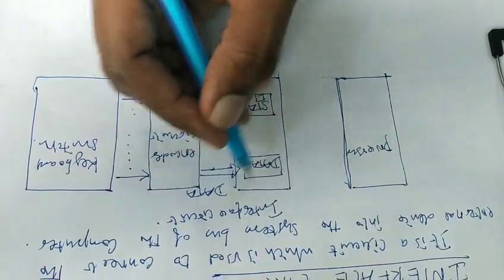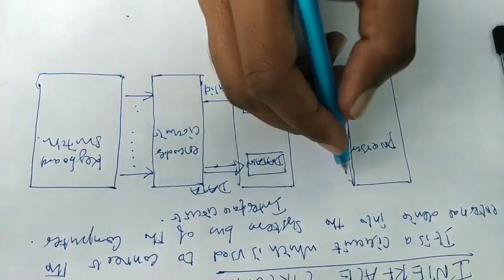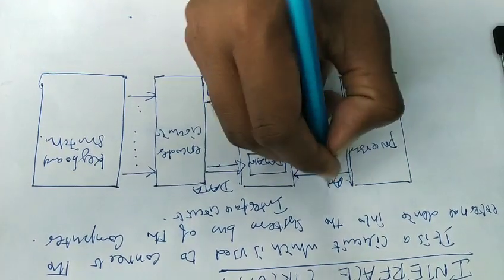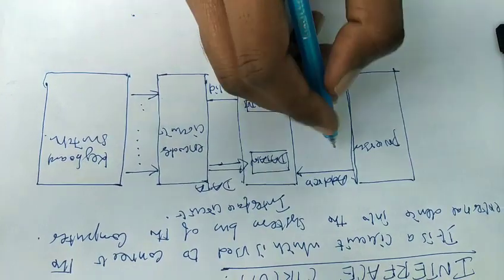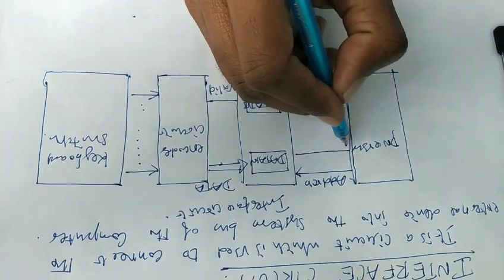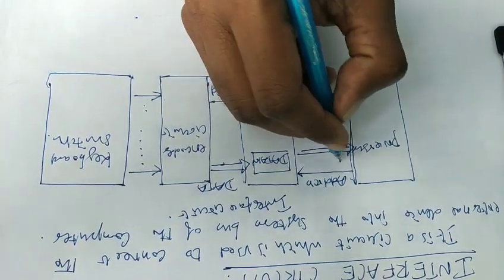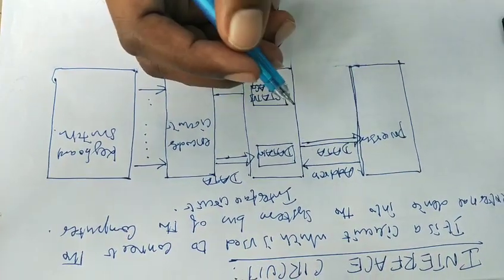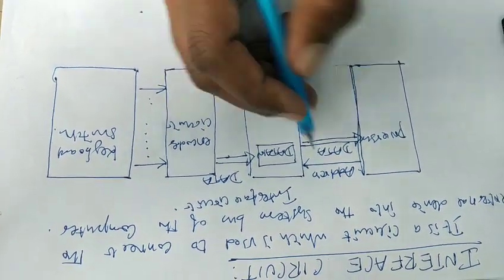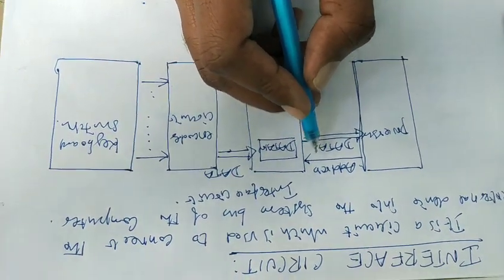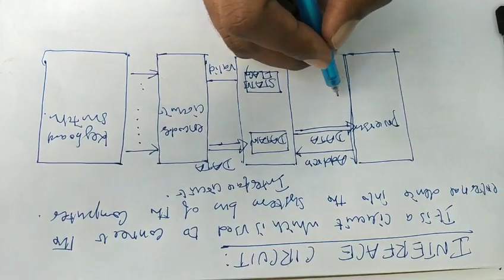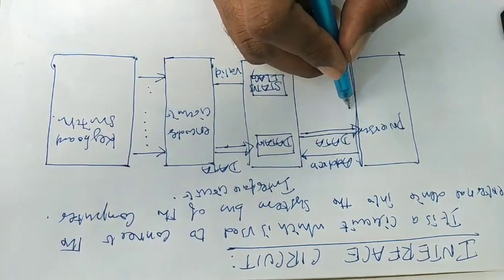The interface circuit is connected with the processor with the help of a number of buses. First we have the address bus, and next the data bus. Generally we know the system bus consists of 3 lines: address bus, data bus, and control bus. Here the control bus is classified into 3 categories.